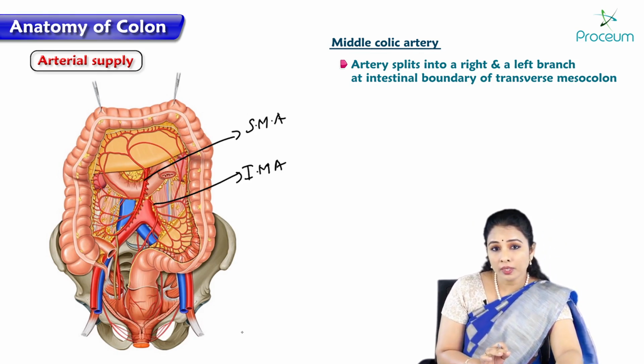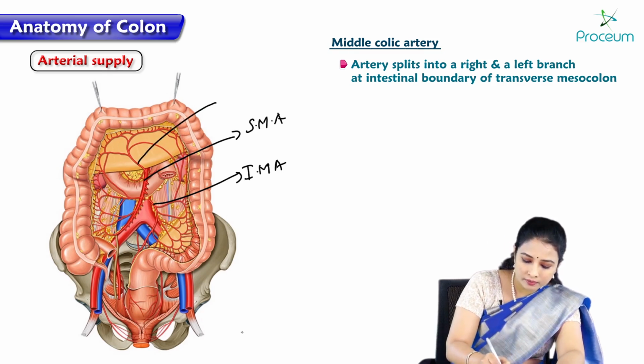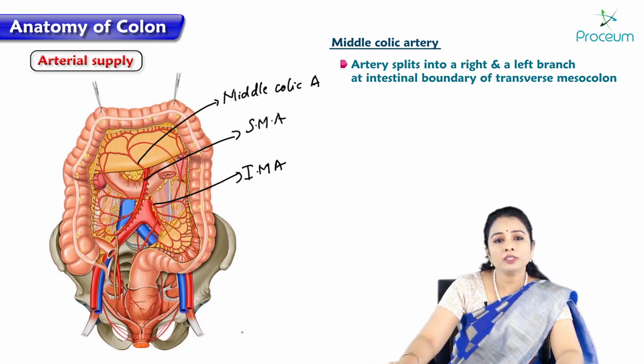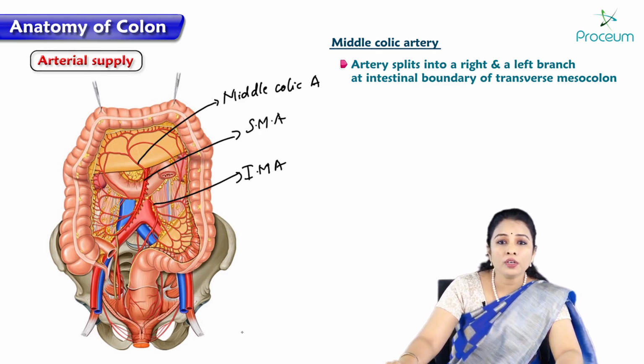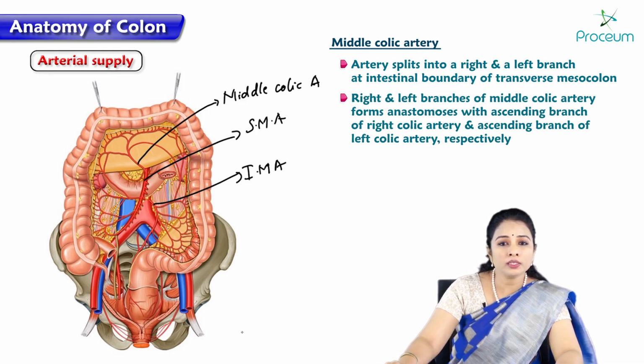So starting with the middle colic artery, which is a branch of the superior mesenteric. The middle colic artery splits into right and left branches at the intestinal boundary of the transverse mesocolon. The right and left branches of the middle colic artery form anastomoses with the ascending branch of the right colic artery and the ascending branch of the left colic artery respectively.